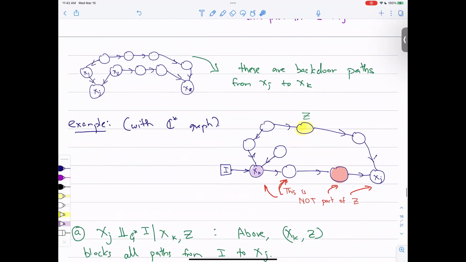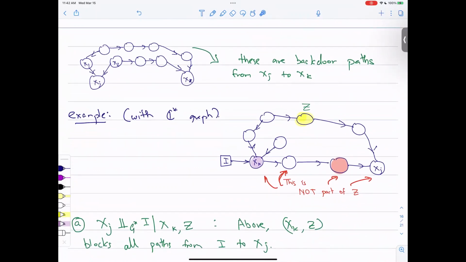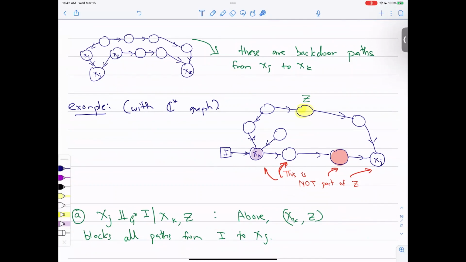So let's see what happens. First ignore the orange. Let's just make sure the two conditions work. Then I'll put in the orange and say why that is needed. So we need I and xj to be independent. What are we conditioning on?